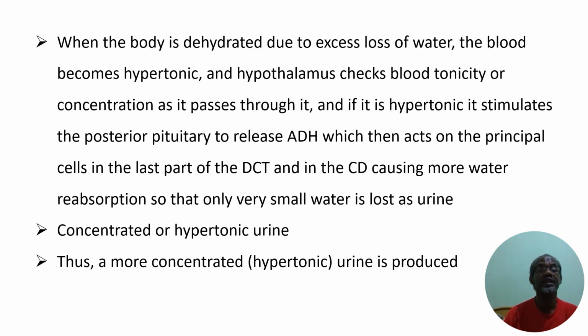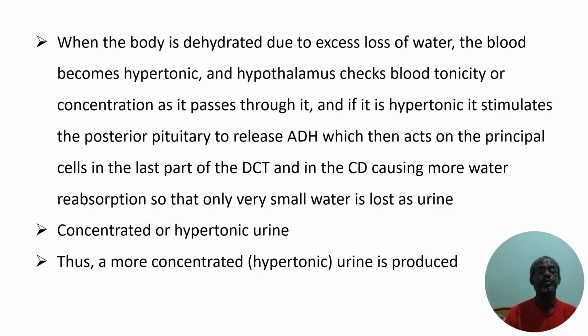When the body is dehydrated due to excess loss of water, the blood becomes hypertonic, and the hypothalamus checks blood tonicity or blood concentration as it passes through. If it is hypertonic, that means it has very minimal water and much solute, concentrated blood.